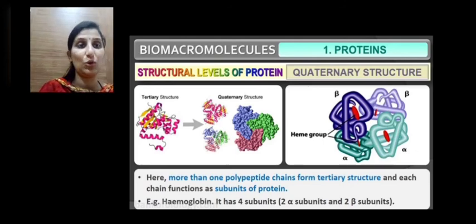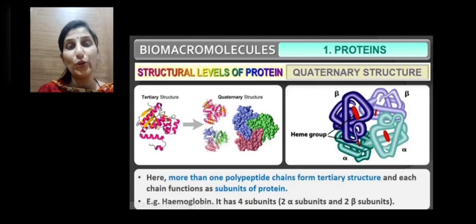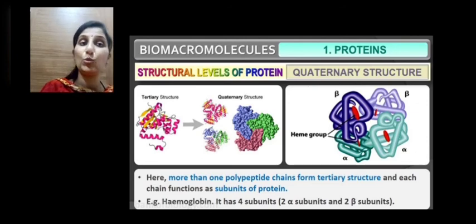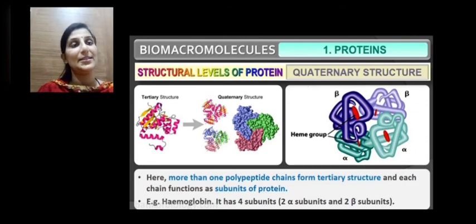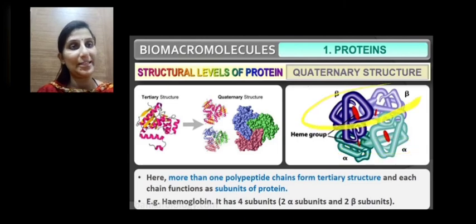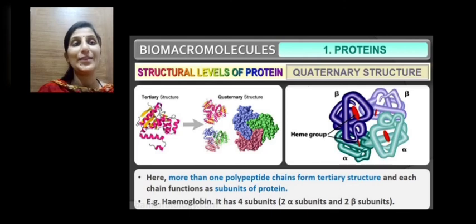For example, hemoglobin. Hemoglobin has 4 subunits, that is, 2 alpha and 2 beta subunits. See, this is the 2 alpha and 2 beta. It has a tertiary structure, and each subunit here is acting. Each chain functions as a subunit of the protein. So that's about the quaternary structure of protein.